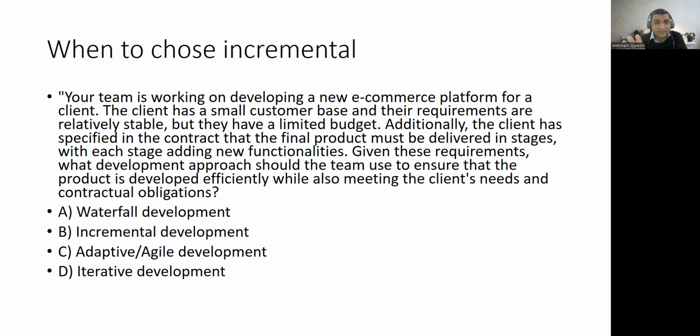And additionally, the client has specified in the contract that the final product must be delivered in stages. In agile, scope is not clear and multiple stages are required. But in incremental, the scope is clear, but multiple stages are required. That's why it's incremental. I hope it is clear, guys, right?